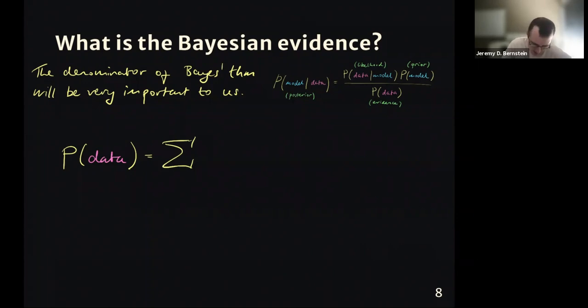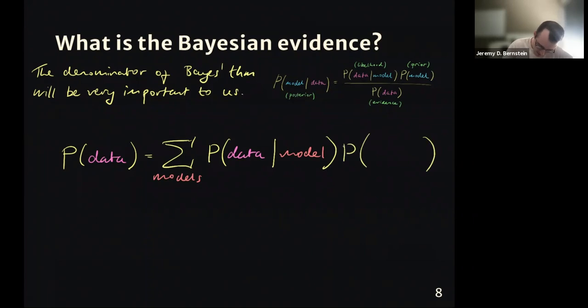So it can be written as summing over all models in our model family of the likelihood of the data given this particular model, times the prior probability of that model.